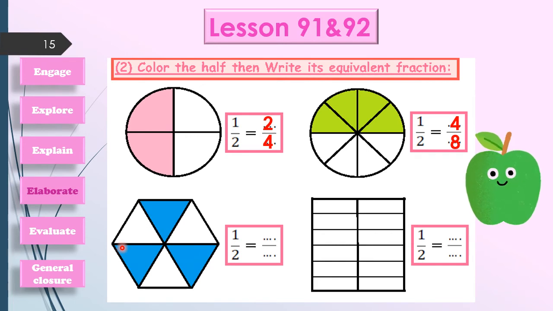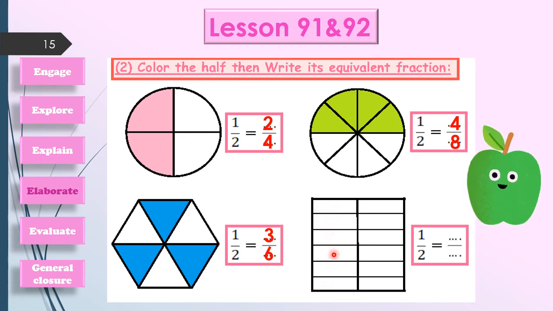It will be like this. Here we have 6 parts, and I colored just 3 parts out of 6. Then write down the whole number of parts in the denominator and the colored parts in the numerator, and this fraction, half, equals 3 sixths.